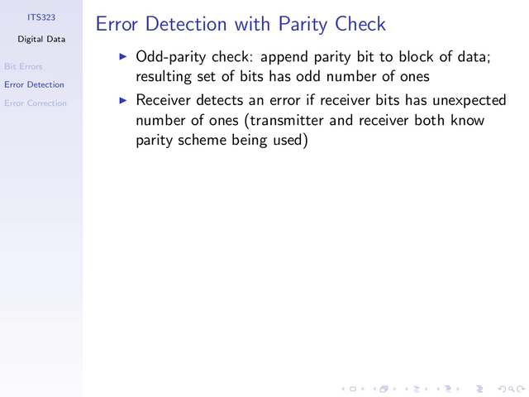Why? Because with this single bit parity check, if we have 2-bit errors, we will miss the errors. If we have any single bit in error, we'll successfully detect it. If we have any 2 bits in error, we will miss that.